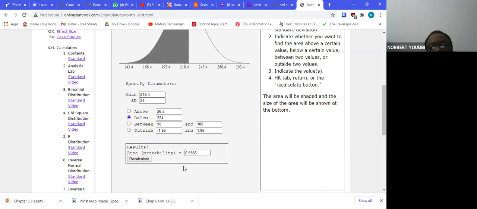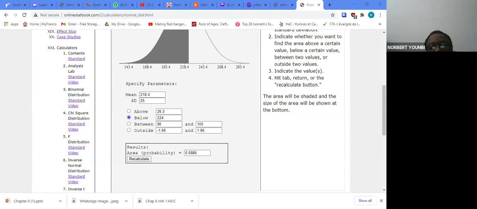We will have 0.56, or 0.6. From the Google calculator, we have 0.6. Here you have 0.558.